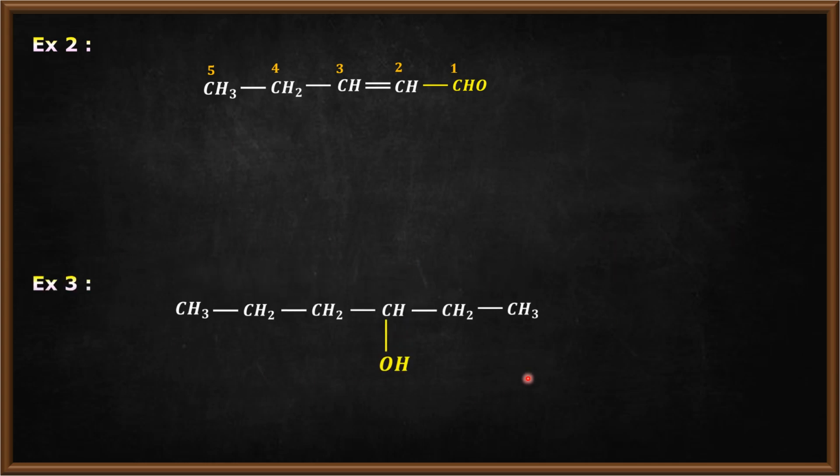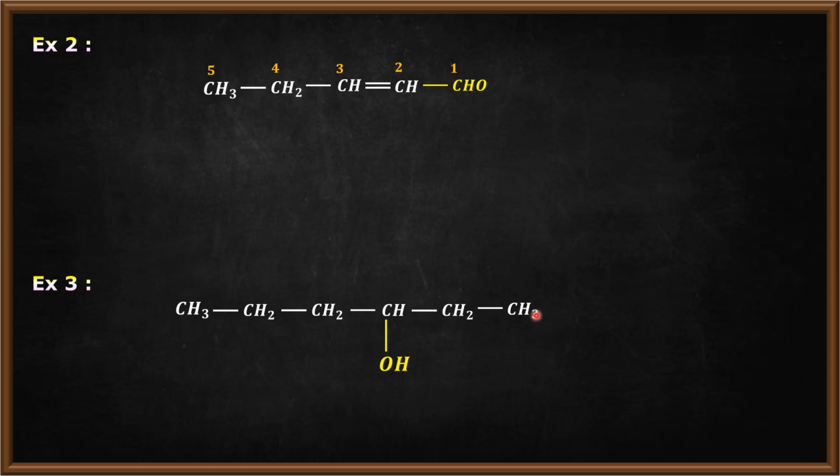One more example you can see. In this, there is no chain terminating group. OH is the non-terminal group, and non-terminal groups may or may not get serial number 1.